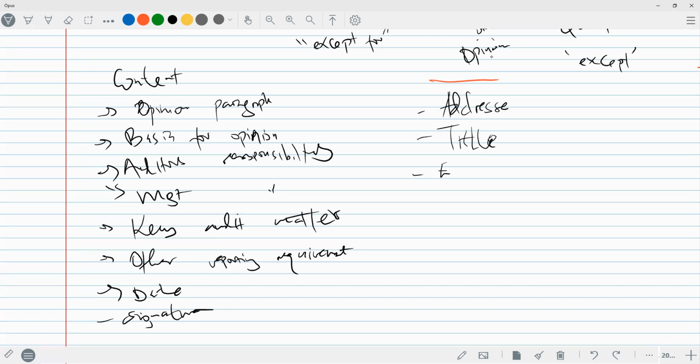It could be actually the engagement partner who is in charge of the engagement. The address is, for example, PwC, Nairobi, Kenya, the address of the engagement partner. Address and addressee are different.